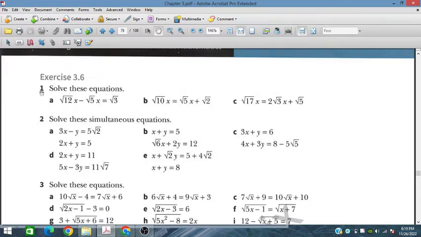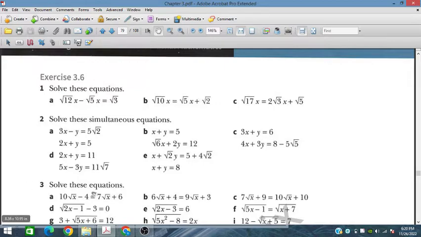And here in problem number 1, we can see that the coefficient of x is a surd. So we have to find the value of x in problem number 1. Similarly for problem number 2, we have x and y, so we have to solve the simultaneous equations involving surds.